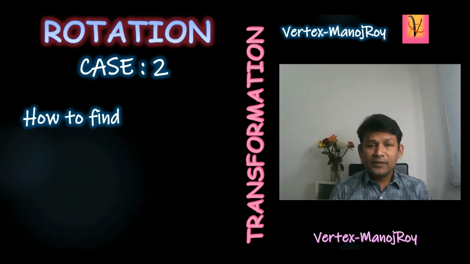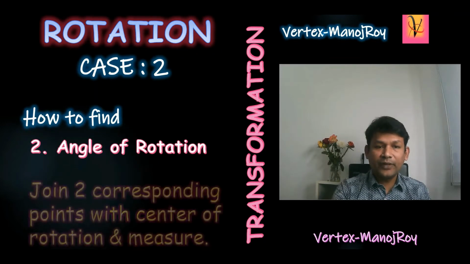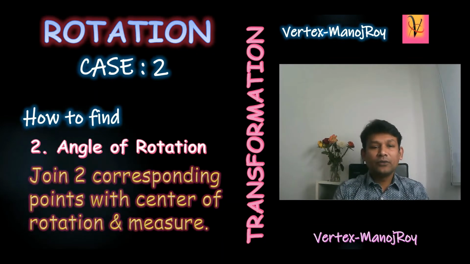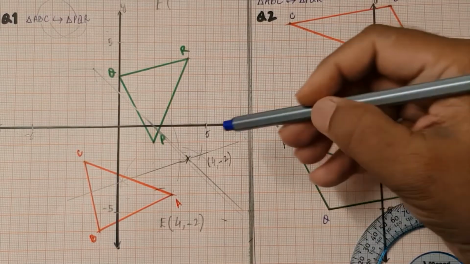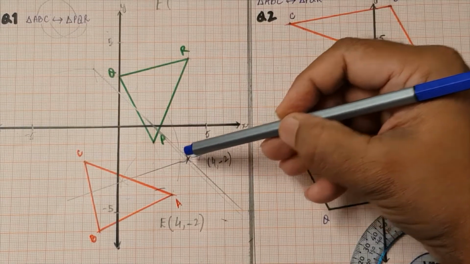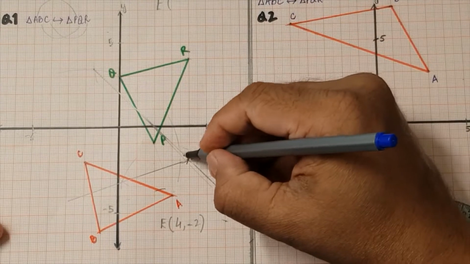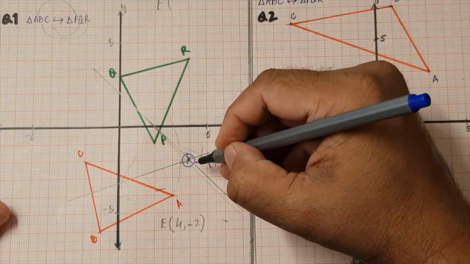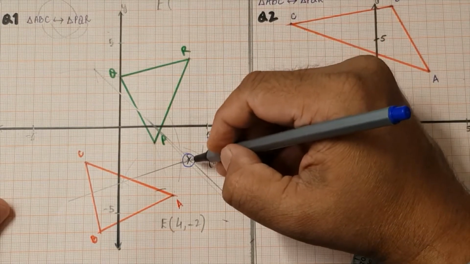After finding the center of rotation, how can we find the angle of rotation? Please read this statement: join two corresponding points with the center of rotation and measure. Let's work on it. To find the angle, we have to join the center. I'm using a pen. Please don't use a pen in the exam. You are allowed to use only a pencil on the graph paper or the sketch.